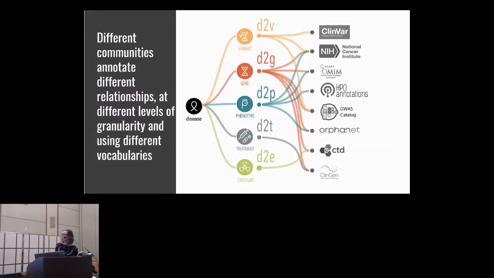OMIM captures information about diseases to genes. Our group, who leads the Human Phenotype Ontology, captures diseases to phenotypes. We have the Comparative Toxicogenomics Database and ClinGen that capture information about treatments and the relationship between exposures and diseases. And different communities are using these identifier systems in different ways to capture different mappings or associations across the spectrum. And fundamentally, if we want to understand disease, say diabetes type 2, we want to be able to collect all that information and have it all work together from all the different sources that are capturing that information.